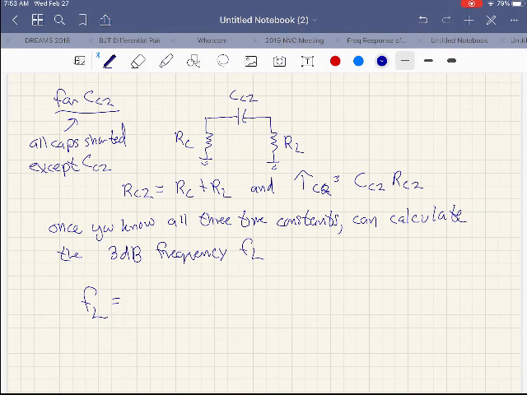It's in hertz, so we're going to do a conversion.